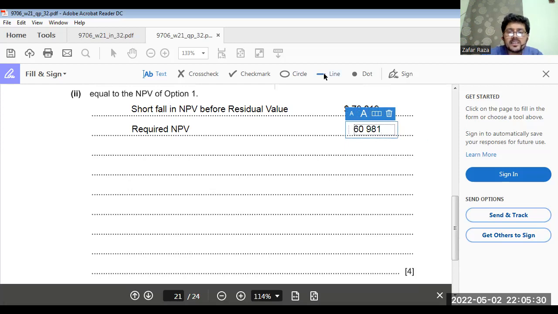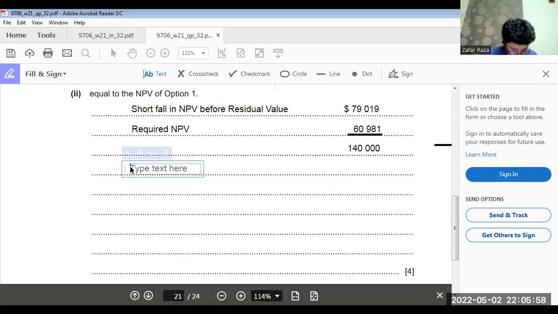So it means it should be total how much? 79,019 plus 60,981. This is 1,40,000. 1,40,000 is your required NPV.